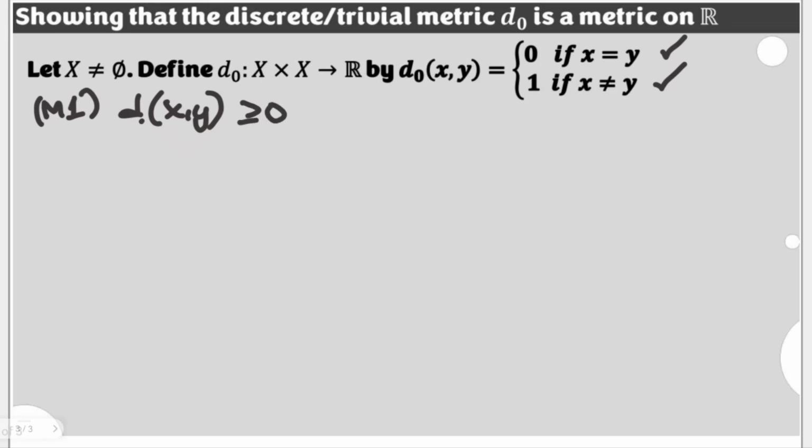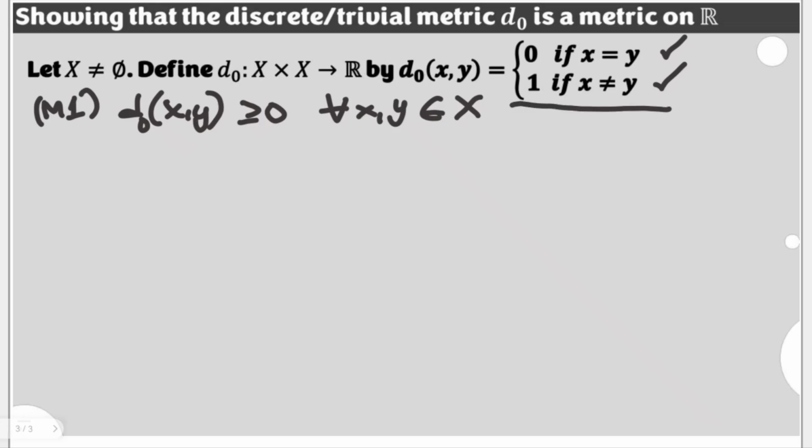And I'm just going to label this d sub 0 here to just make sure that this is still under the same given function here. Of course, when we use any other value, this is true for all x and y element of our X, or in this case R. Whatever value we use there are two possible answers, 0 and 1, based on our given definition.